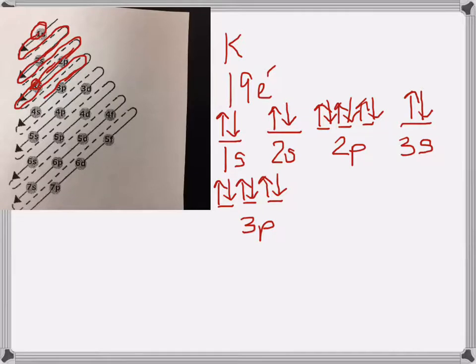So I'm going to follow 3p to the 4s. And s means 1 line, and I don't need 2 electrons in that orbital. So I am just putting 1 electron there to make my 19th electron, and this is the orbital notation of potassium.